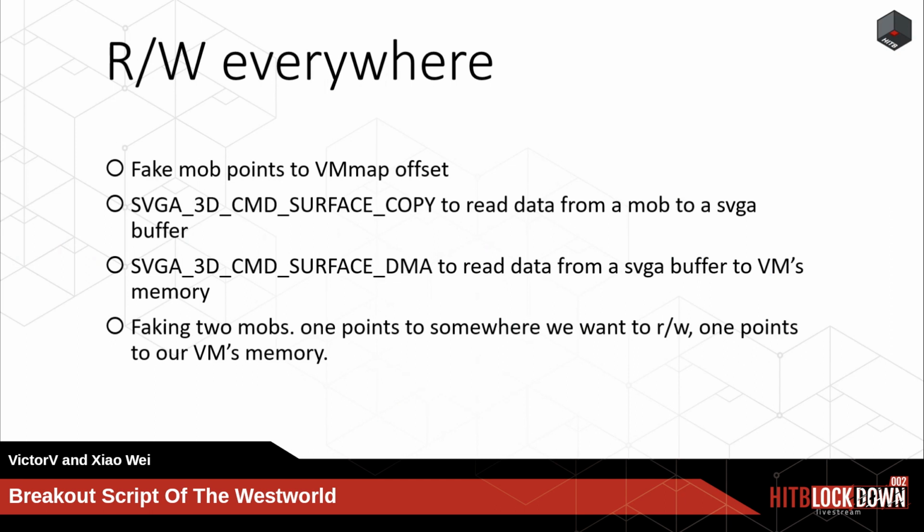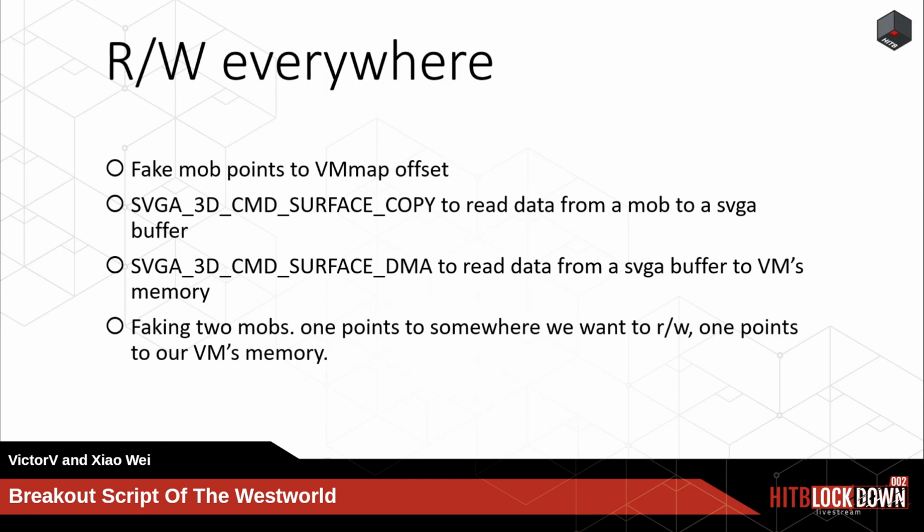It means we can read and write everywhere with two fake mobs, but we don't know the translated address of guest's memory. So we need to leak the VMware offset to guest firstly. To achieve this, we let a mob point to the address where the VMware offset is stored.